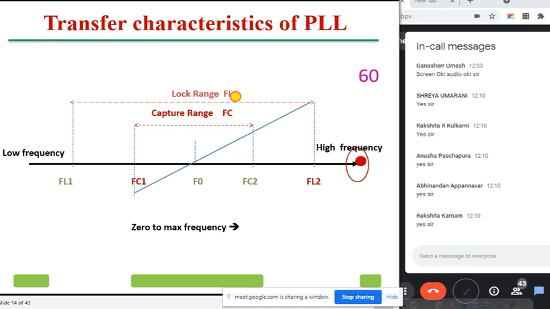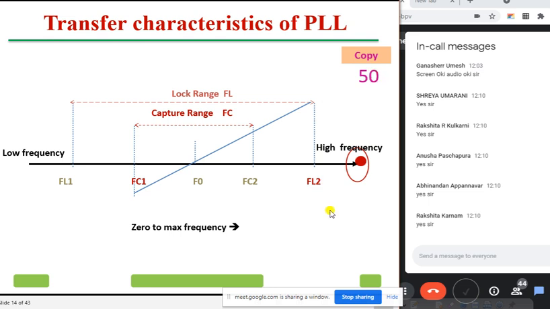FL2 is the lock range frequency. So when I am moving from lower frequency to higher frequency, I get FC1 and FL2. It acquires the lock at FC1 when I am increasing from lower to higher, and it will maintain the lock up to FL2.